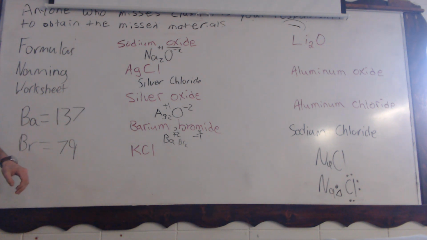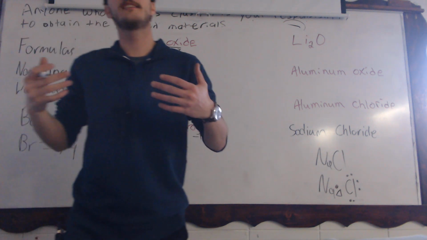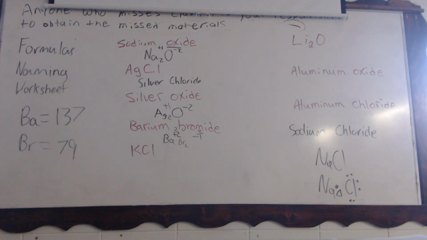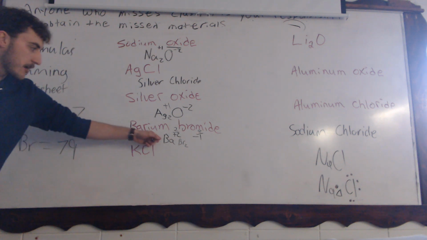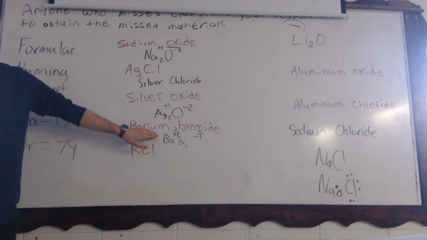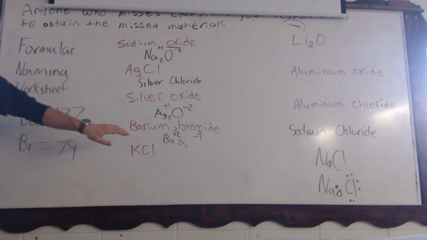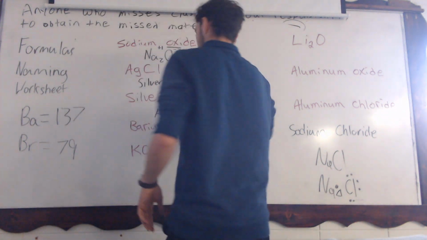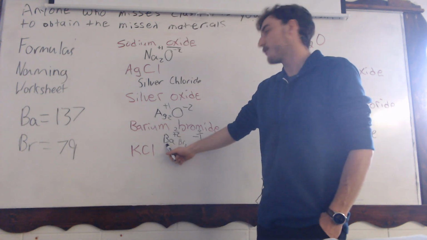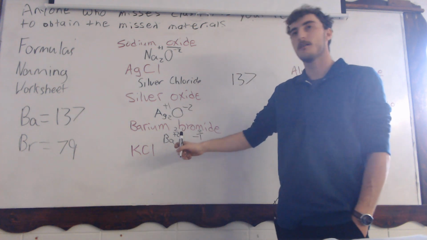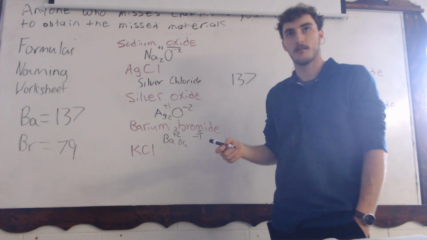So, for atomic masses, we're adding up all the weights of the elements in the compound. Barium has an atomic mass of 137. Bromine has a 79 for its atomic mass.